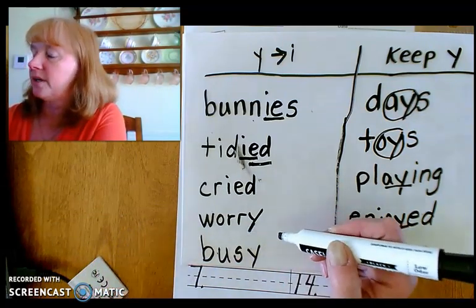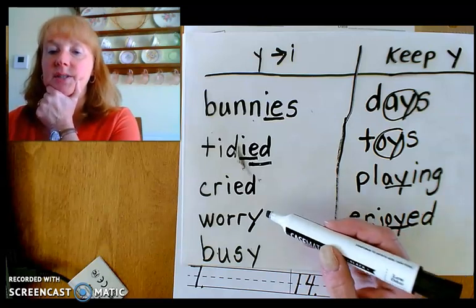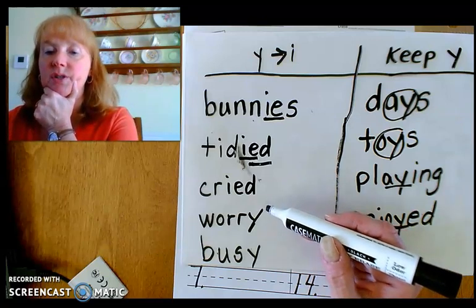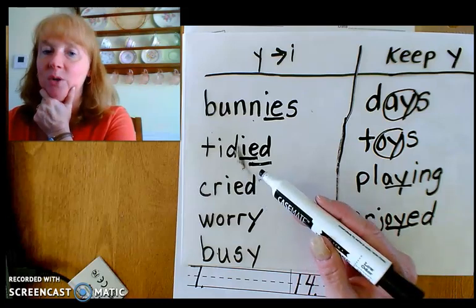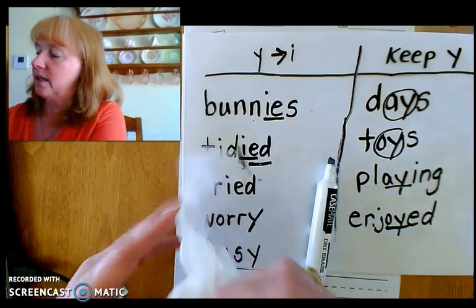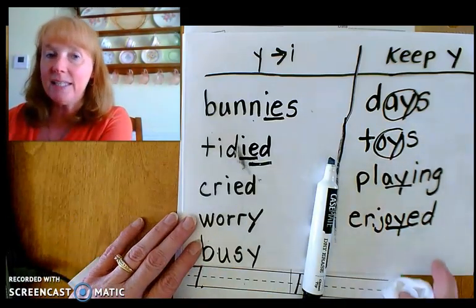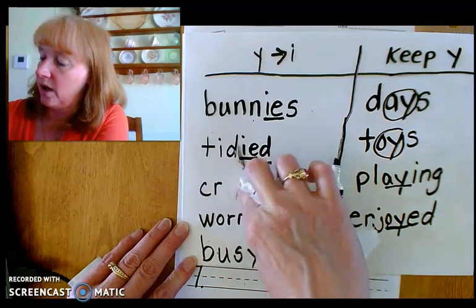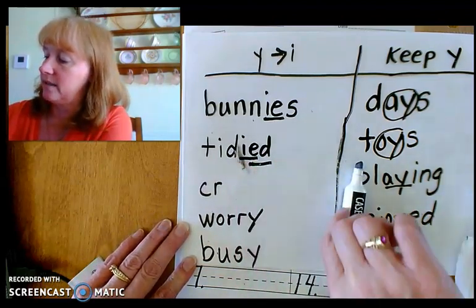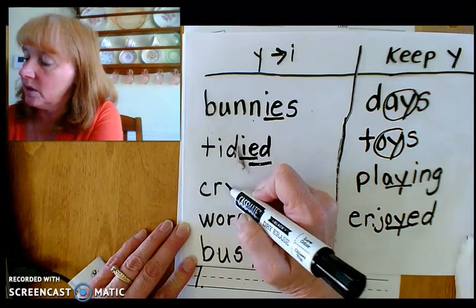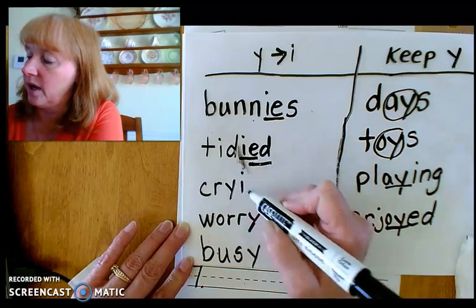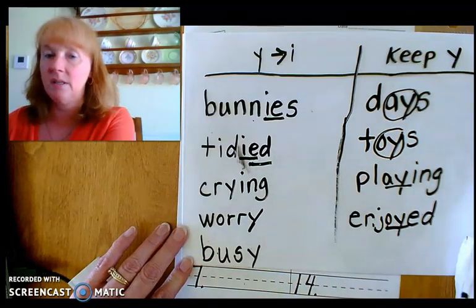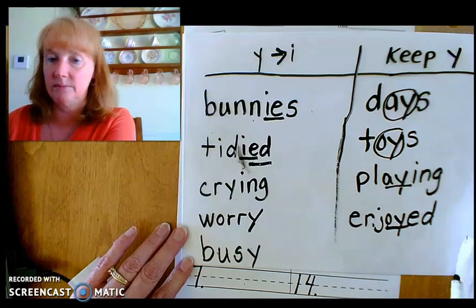But remember, if we add a suffix that starts with I, we don't change the Y. So if I wanted to say he was crying, I wouldn't change the Y because you don't want to have two I's together. Cry, you would leave the Y and then just add your ING. He is crying.